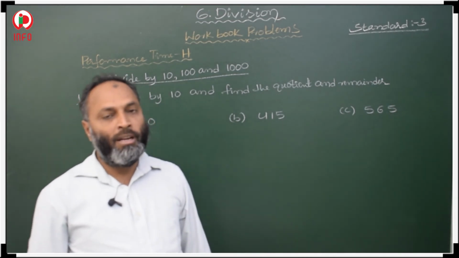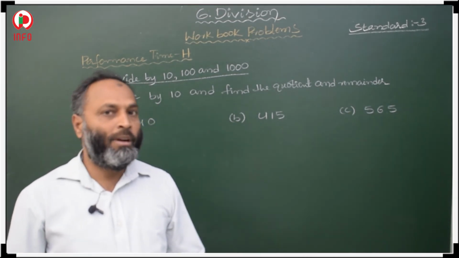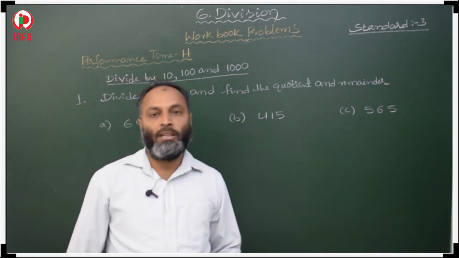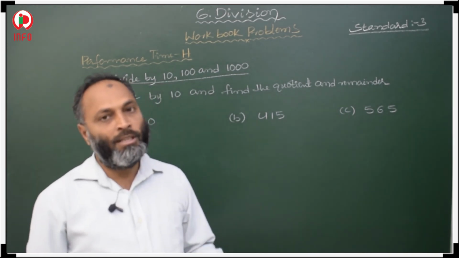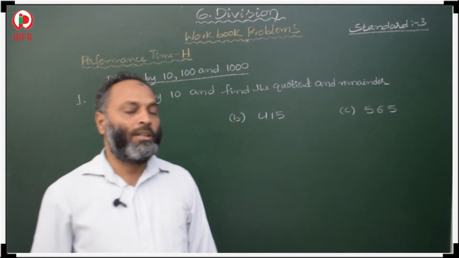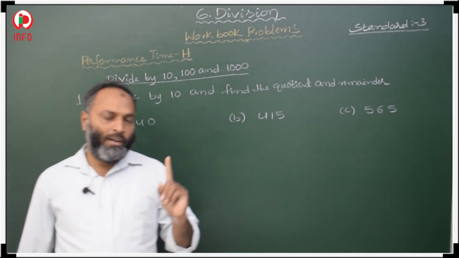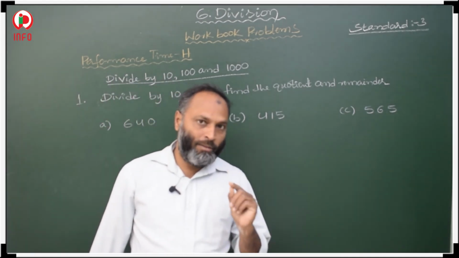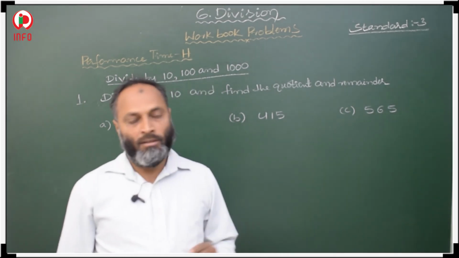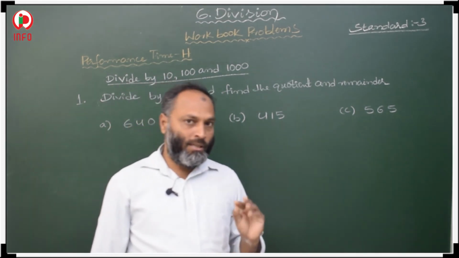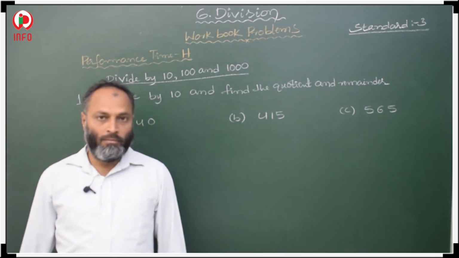When we divide by 10, then what happened? When we divide by 100, then what happened? When divided by 1000, then what are the quotients and what are the remainders? So remember one thing: when you divide by 10, the ones place is your remainder and the rest of the places in the given number are your quotient.